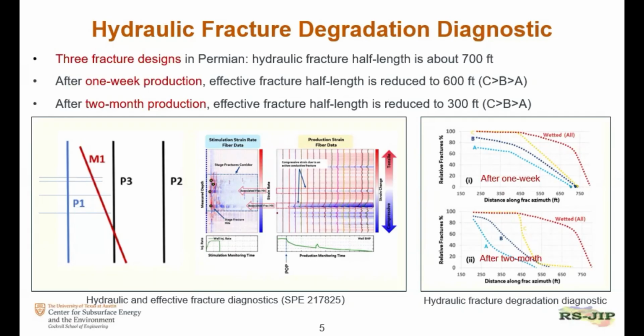And you can see that different completion designs follow different so-called degradation trends. This is a very interesting observation from the field, and they try to use these kinds of data to optimize their frac designs.